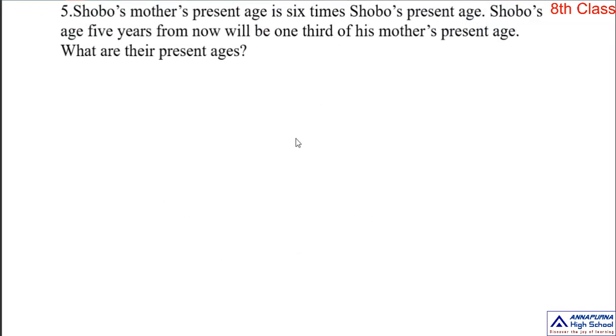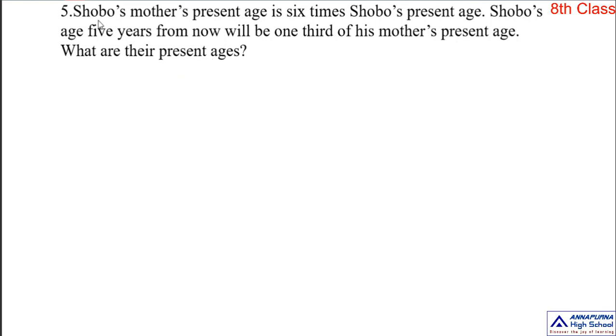Here the next question is, Shobha's mother's present age is 6 times Shobha's present age. Shobha's age 5 years from now will be one third of his mother's present age. What are their present ages?